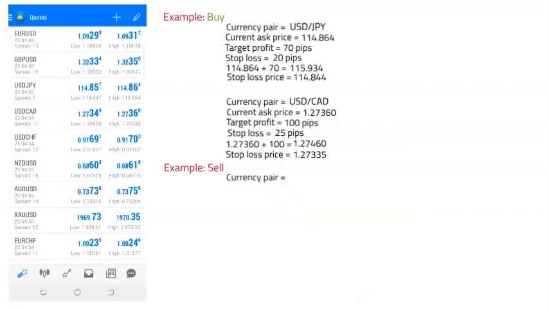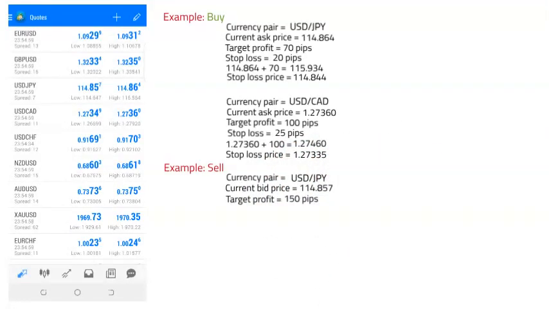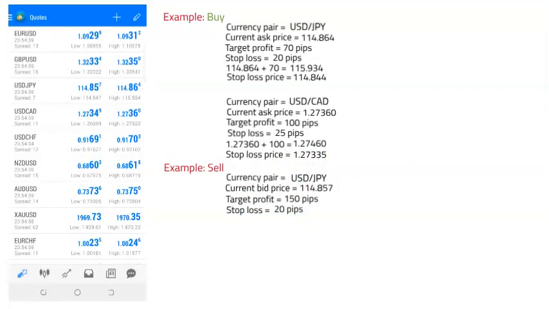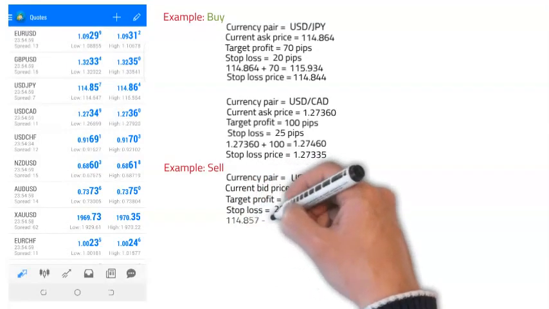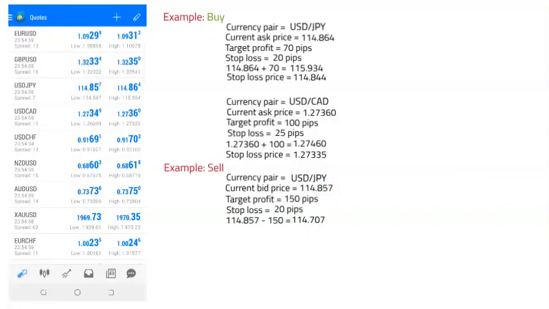Let's see real examples now. Let's say I want to sell USD JPY, US dollar versus Japanese yen, at the current bid price of 114.857 because I know it would fall soon from my analysis, and I want a take profit of 150 pips and I don't want to lose more than 20 pips. What would be my take profit and stop loss? My take profit would be at 114.707.